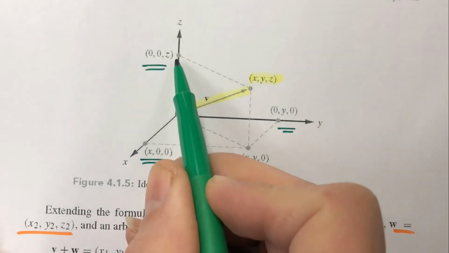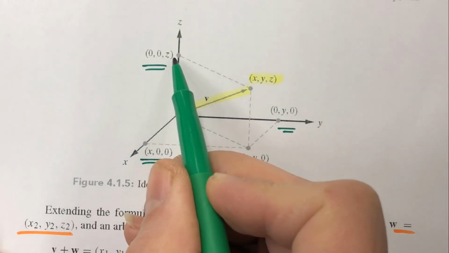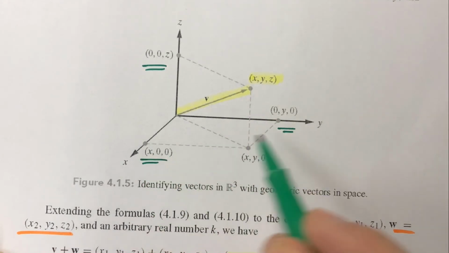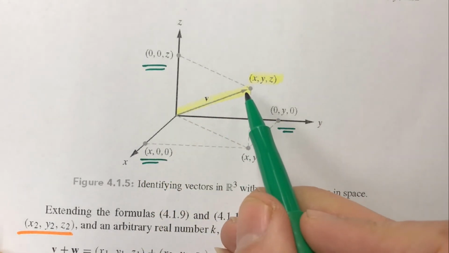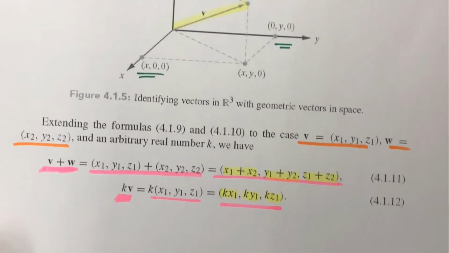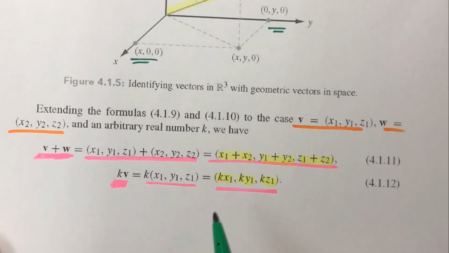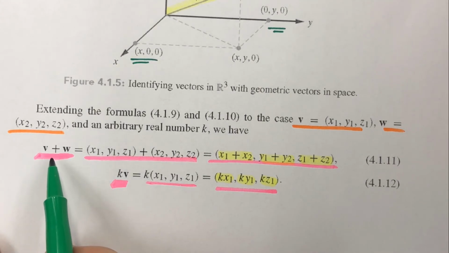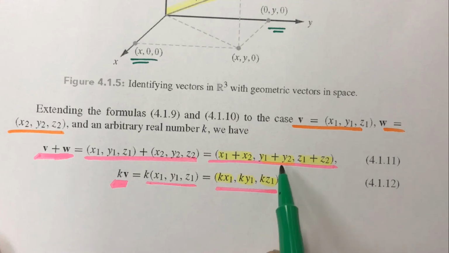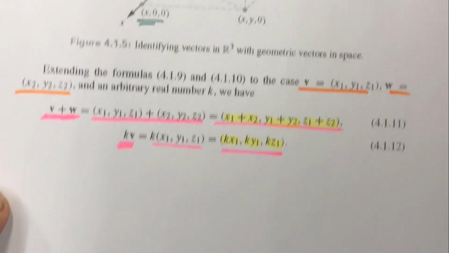And you go high up to the z component. So you're going to reach somewhere here. If this is positive, positive, positive, we're in the first octant, pointing to it from the origin. Those are basic ideas. How do you add vectors in 3 dimensions? How do you multiply a vector by a scalar in 3 dimensions? Pretty much the same thing.